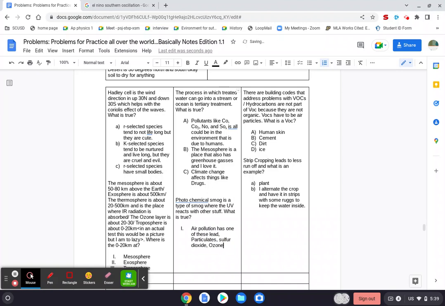Nitrogen oxide, nitrogen dioxide, and finally carbon monoxide. Yeah, that's it. Sorry about that. So that's all of them, I believe. Ozone, carbon monoxide. Yes. All right.